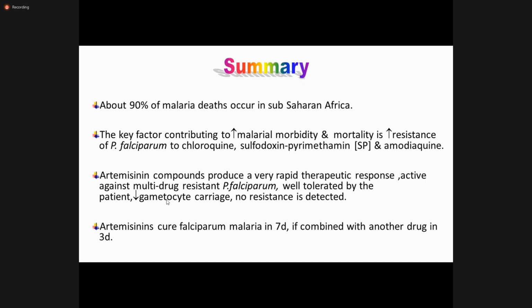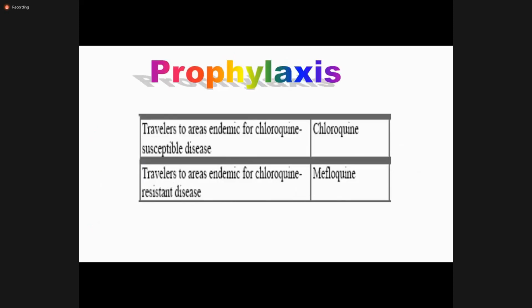Artemisinin has given a very good response, and it has actually decreased this resistance, and it has cured malaria within 7 days. So this is a good drug. I just gave you a 2 or 3 line summary. Otherwise, these two slides are good to remember for the standard care of treatment and for prophylaxis.